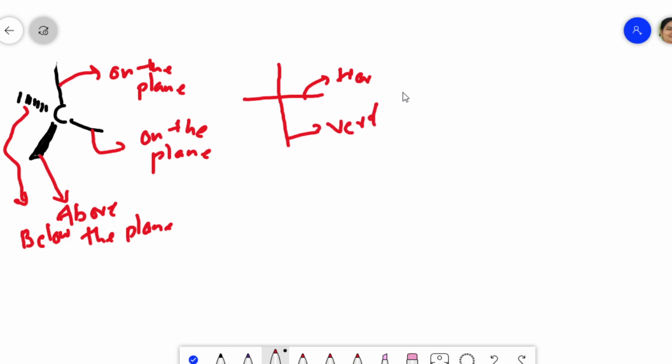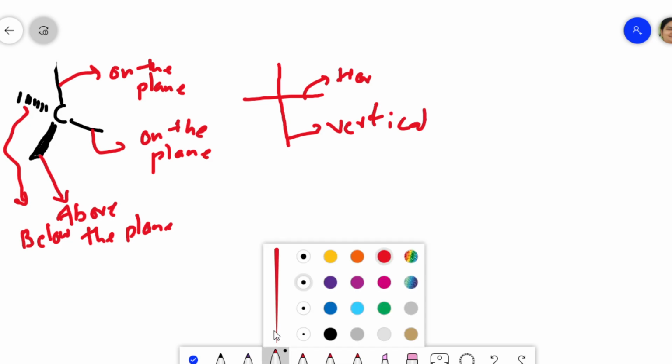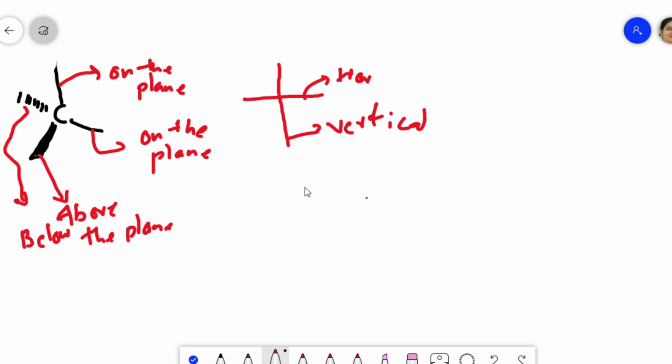You will find both horizontal and vertical bonds in the case of a Fischer projection. So this is your Fischer projection, you can say. Okay, so how to convert a wedge into Fischer projection?